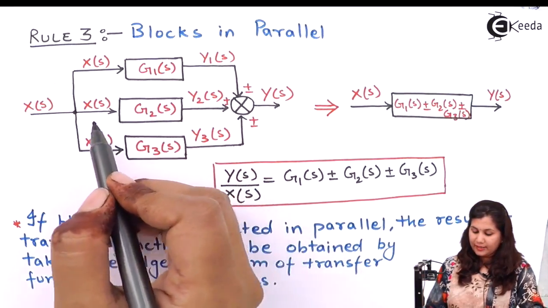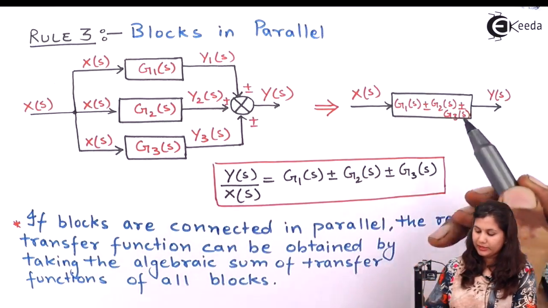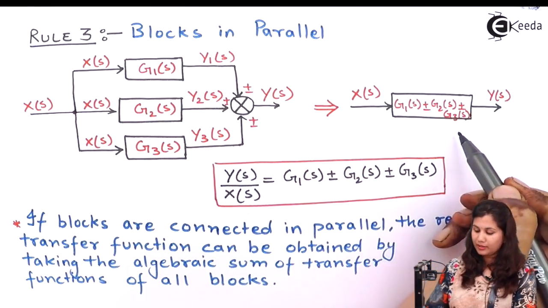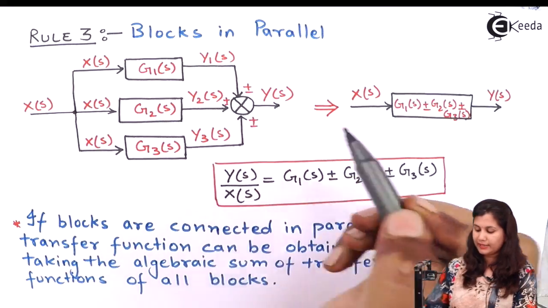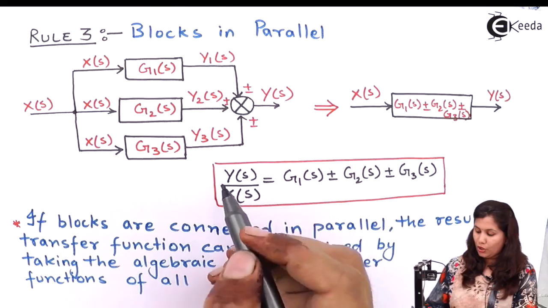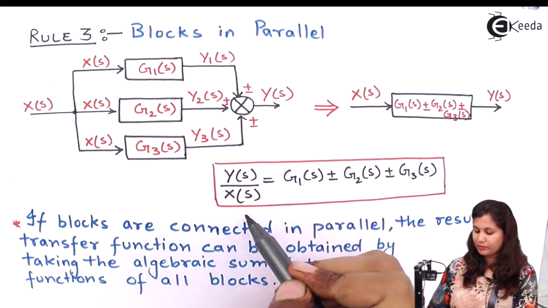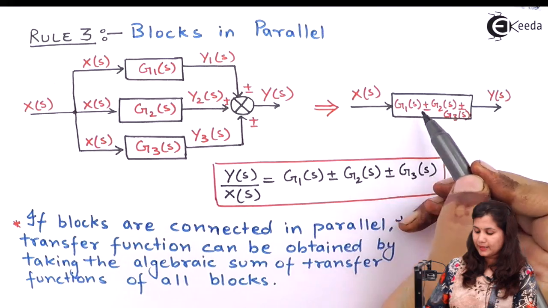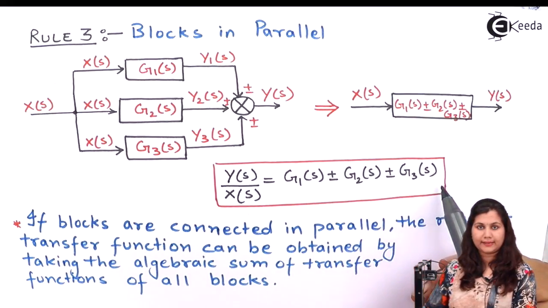If these signals have a minus sign, then we will take a minus sign for the summation, and if the signals have a positive sign, then we will take a positive sign here. So this output Y(s) by X(s) is given by G1(s) plus or minus G2(s) plus or minus G3(s).